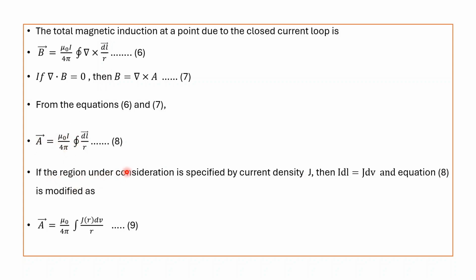If the region under consideration is specified by current density J, then I dl vector is replaced by current density J into dV. So equation 8 is presented in the form of equation 9.